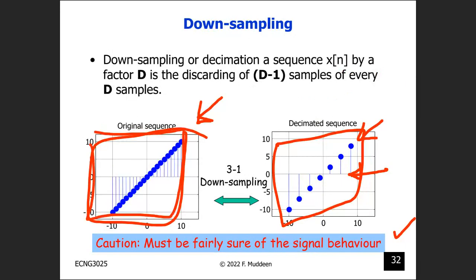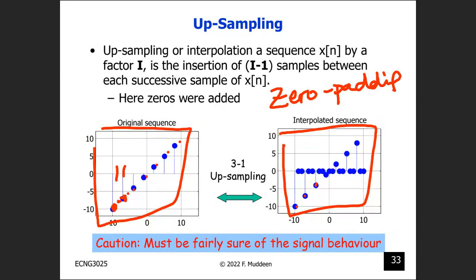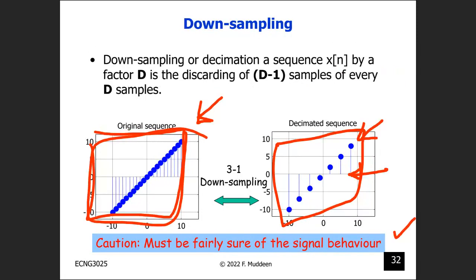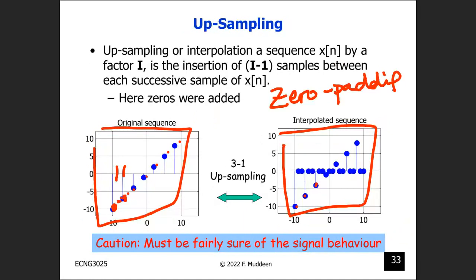So zero padding allows us to make the signal like this behave almost as though it was the original sampled version here without losing information. It's an amazing conclusion, but we're going to see how that works.